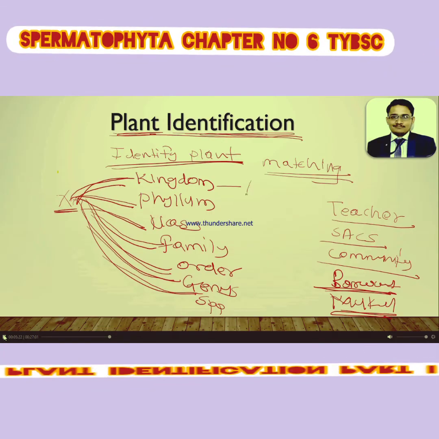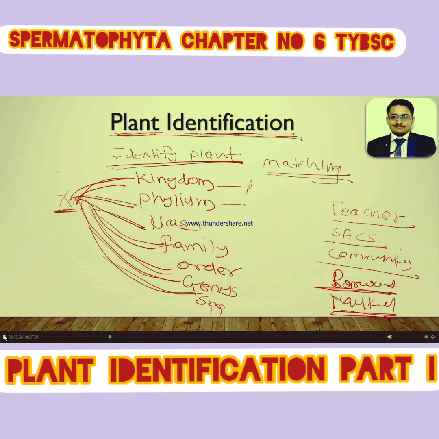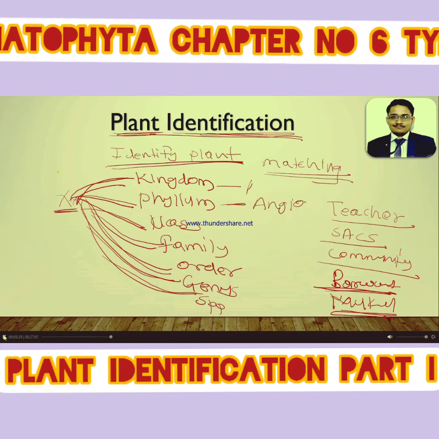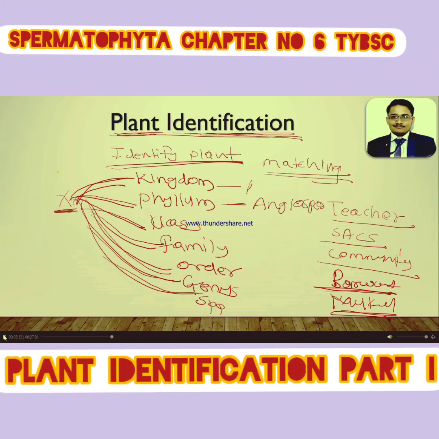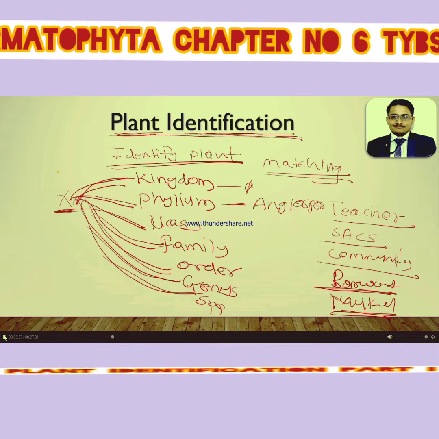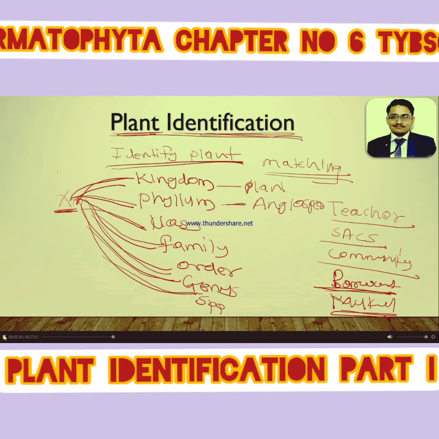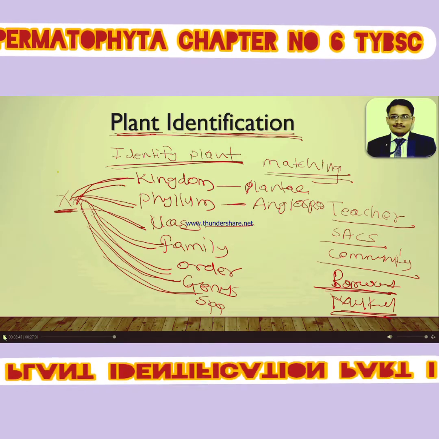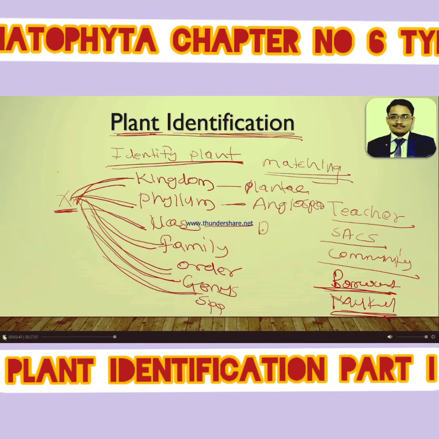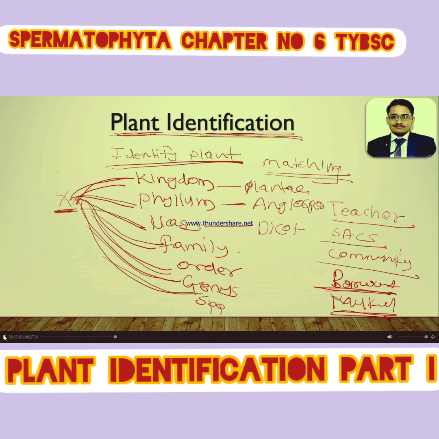For that purpose we place it in the angiosperms. It is a plant because it does not move from one place to another, so we include it in the kingdom Plantae. Then class: class means monocot or dicot. For example, it is a dicot plant because it has reticulate venation.